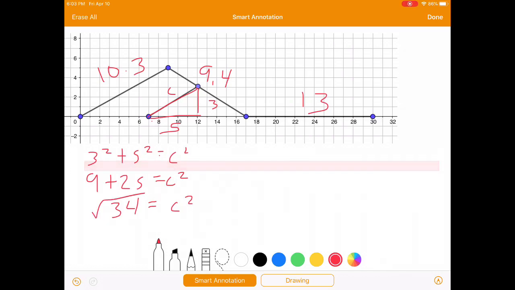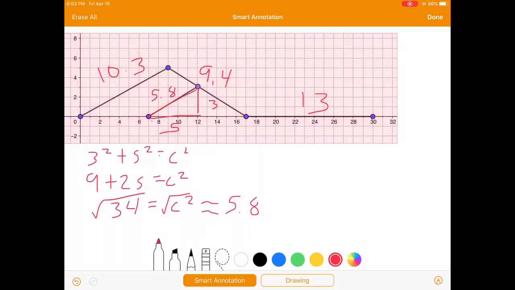Once again, not quite a perfect square, so we're going to end up with an irrational number. So C is going to end up being about 5.8 in this case here. All right, now to find the total length of what we're looking at here, we obviously are looking at all of the lengths that we just found: 10.3, 9.4, 5.8, and 13.